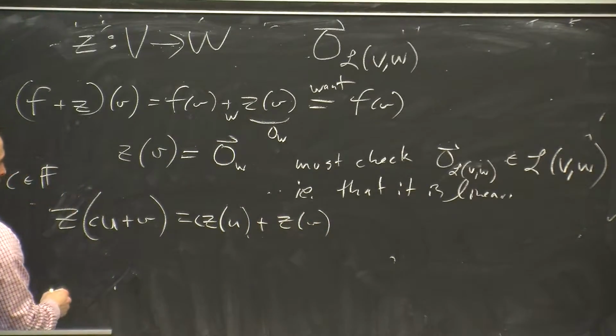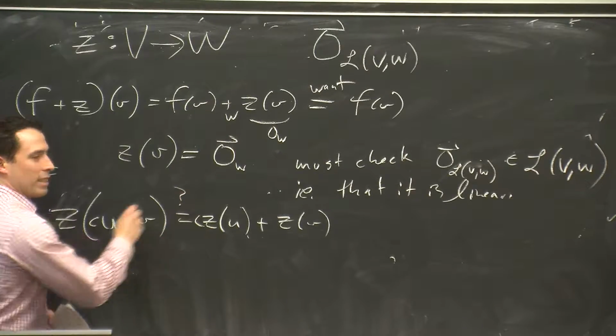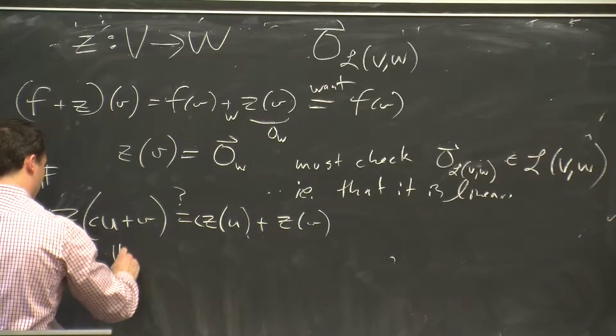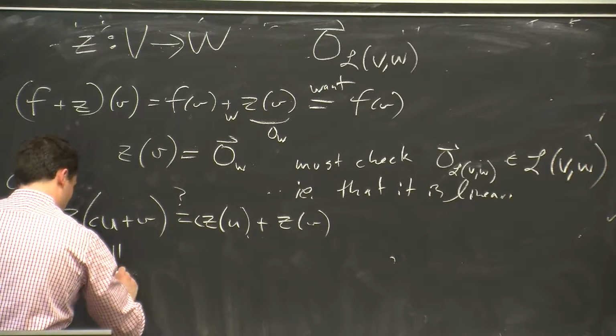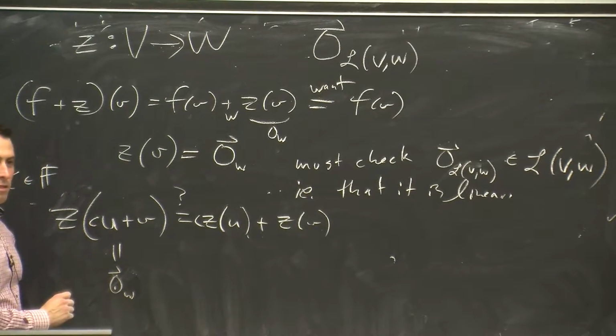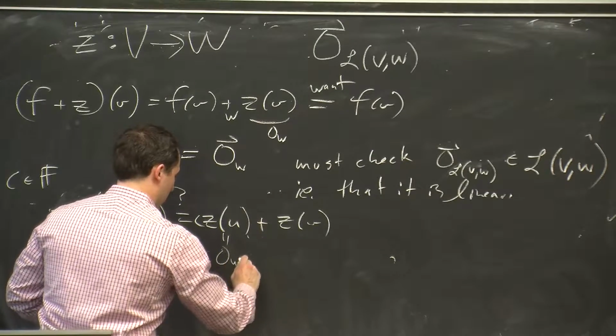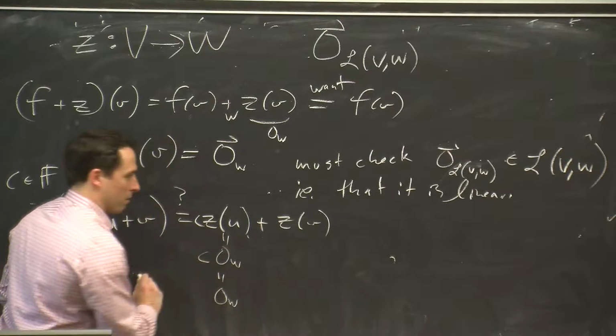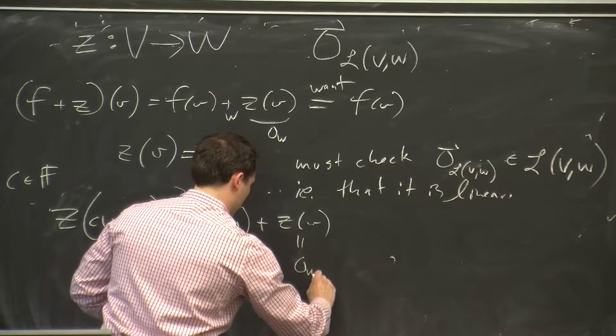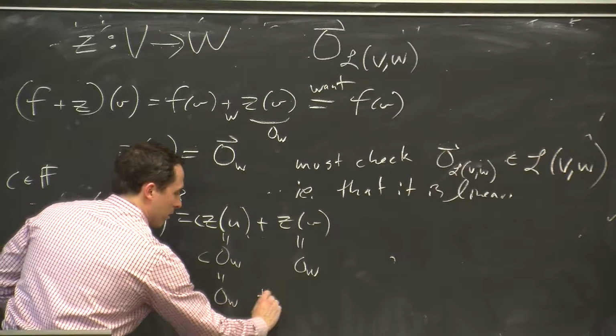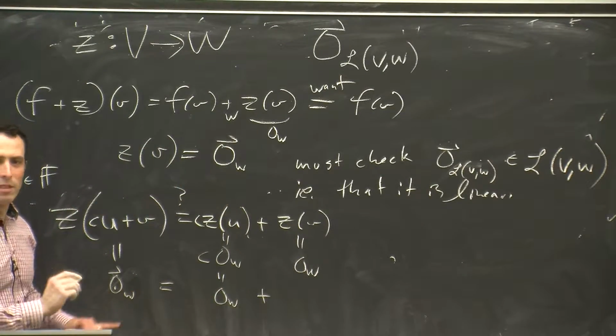That's what we need to show that it's linear. Well, OK. This is equal to 0 by definition. By definition, this is equal to 0, c times 0, which is equal to 0. And this is equal to 0. So 0 equals 0 plus 0. So it's OK.